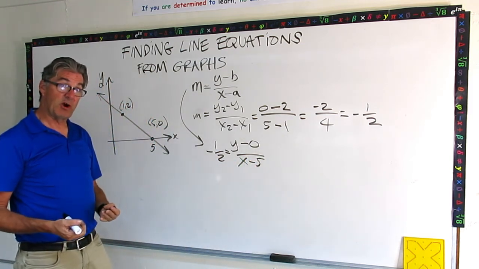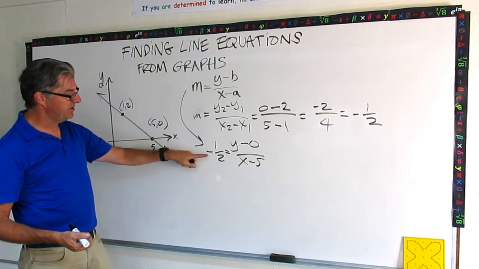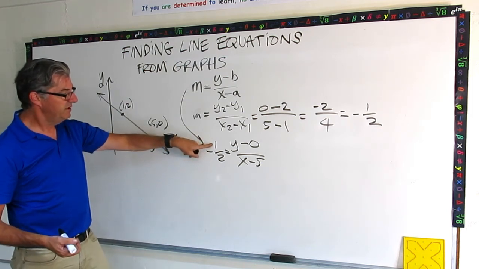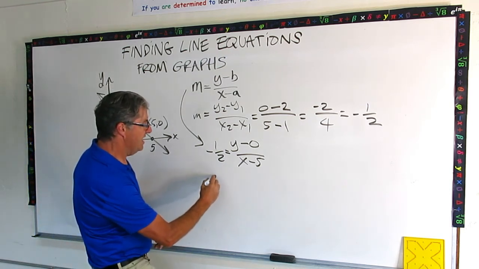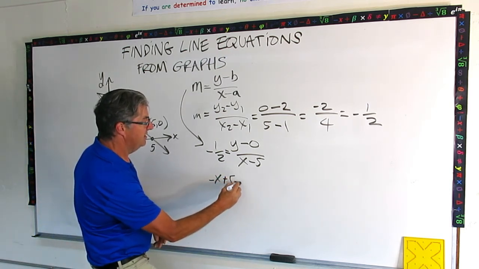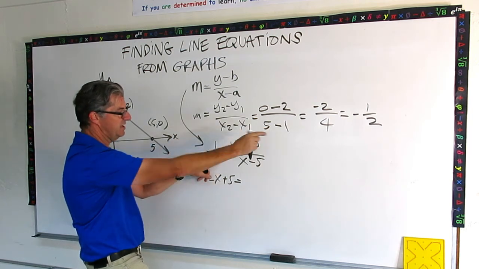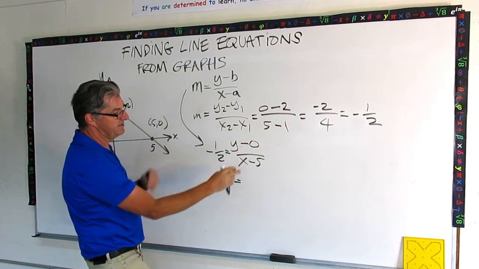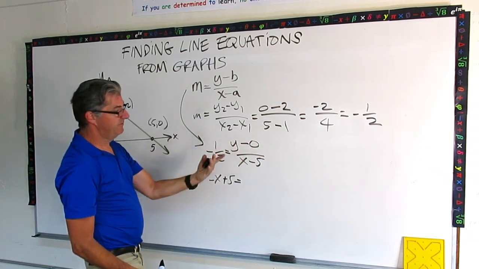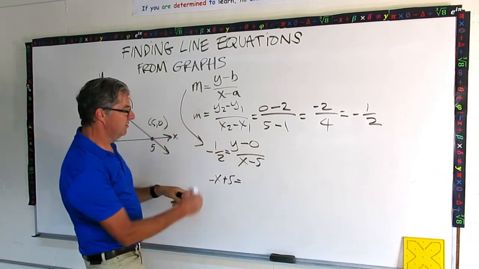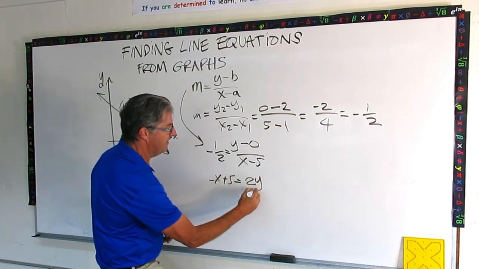So here we are at that cross multiplication step, and again I'm going to put the negative on the top, on the 1. So you can multiply -1 times x minus 5. That will give us -x plus 5 equals, now the 2 goes on this side. I'm going to multiply the 2 times the y minus 0. So that's going to go away. 2 times 0, just 0. So this is just going to be 2y right there.